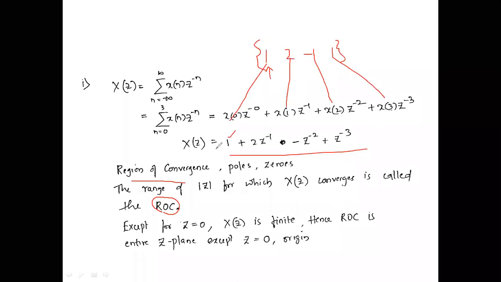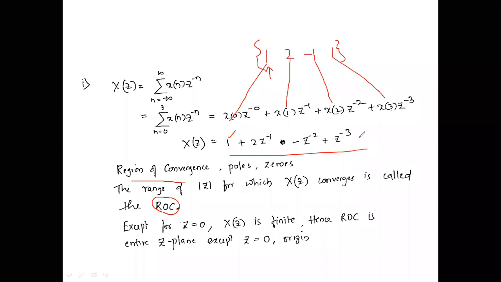Okay, that means, for example, can you tell me for all values in this particular expression, 1 plus 2 divided by z minus 1 divided by z to the power 2 plus 1 divided by z to the power 3. That's how it is. So if I put z equal to infinity, what's going to happen?